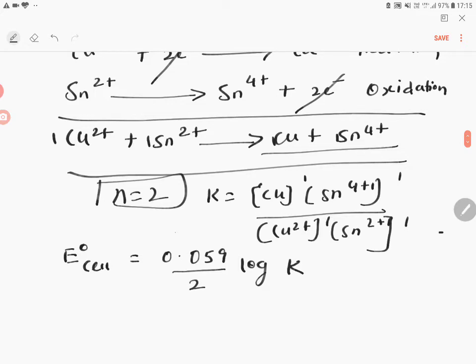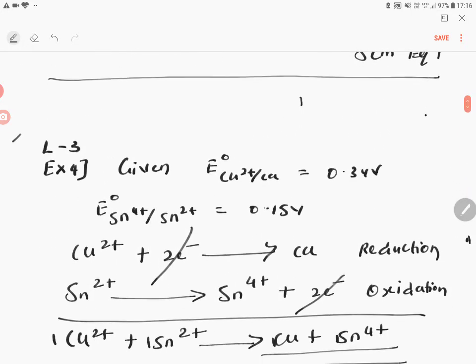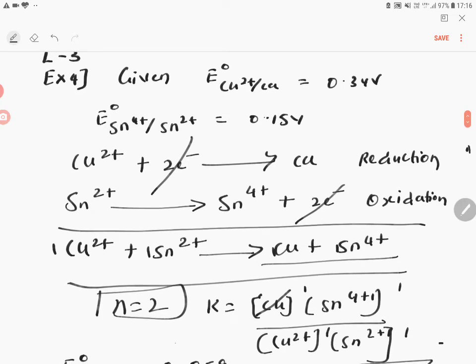So this K we substitute here, and all of you should know that concentration of solid copper is equal to unity. This is IUPAC. Therefore, this term will disappear. Now E0 cell is equal to E0 cathode minus E0 anode. So we have clearly given some hint here. The electrode which is having more positive value will act as cathode, and the less positive value will behave as anode.